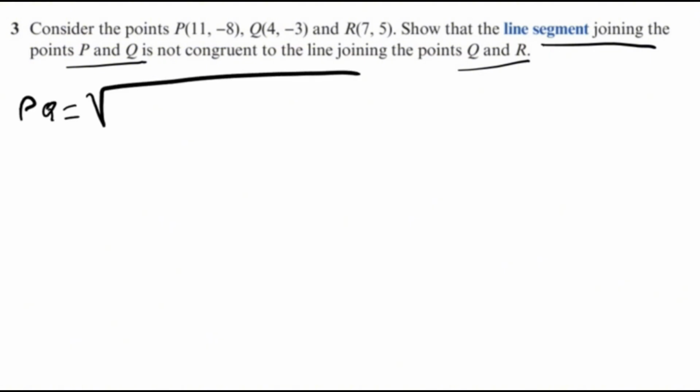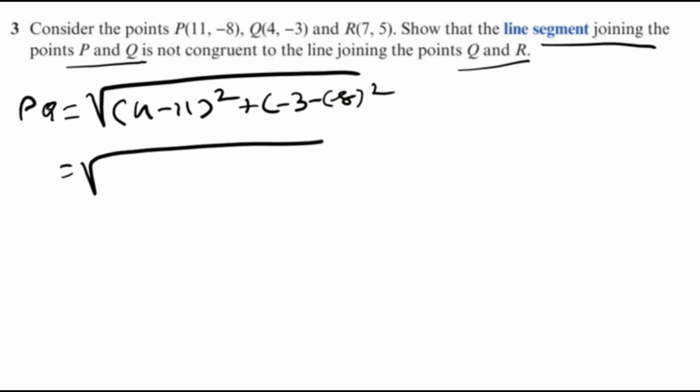We use the formula, which is x2 minus x1 squared plus y2 minus y1 squared. I am just putting the coordinates here. So 4 minus 11 squared plus minus 3 minus 8 squared. So this is minus 7 squared plus minus 5 squared.